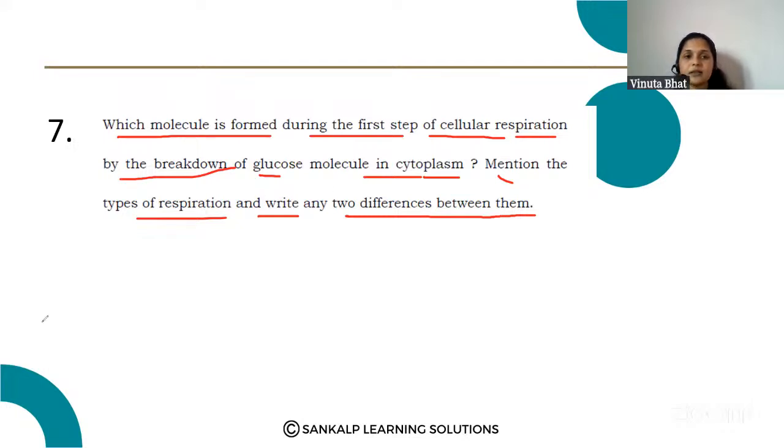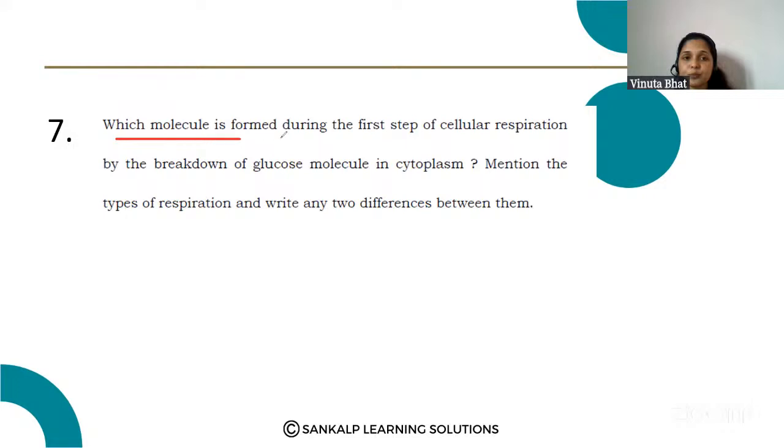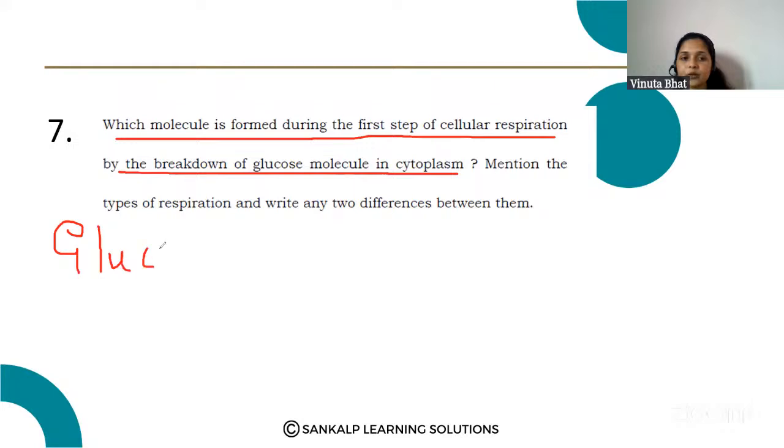Here, glucose, when broken down in the cytoplasm, which molecule is formed? Glucose breaks down into pyruvate. That is the 3-carbon compound, pyruvate.